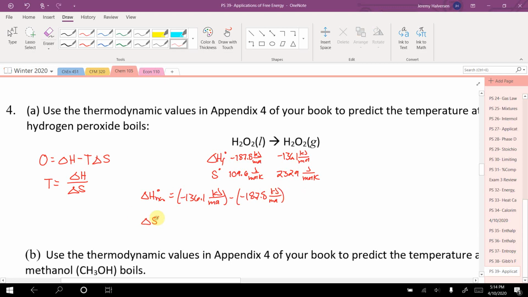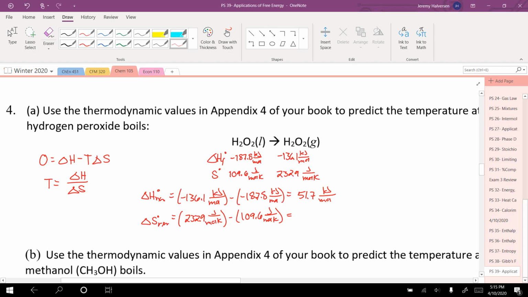And then the delta S naught of the reaction is going to be 232.9 minus 109.6. That gives me 51.7 kilojoules per mole.